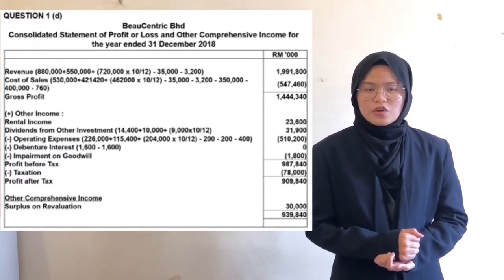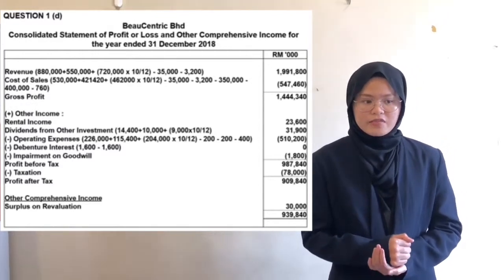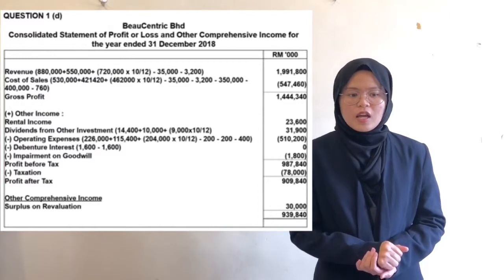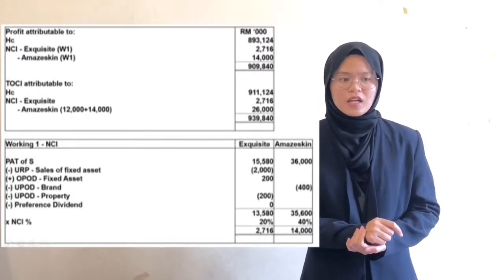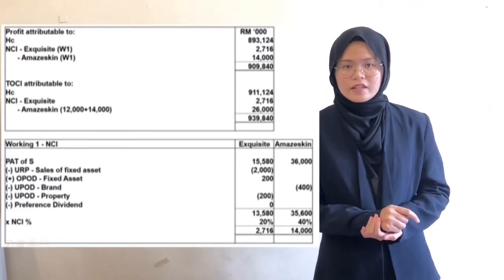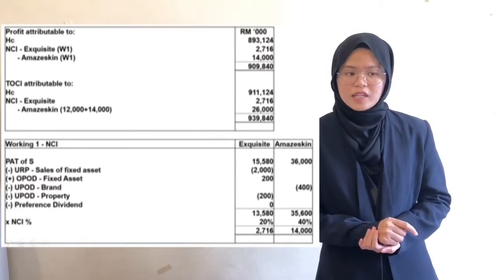million. So for other comprehensive income, there is a surplus on revaluation amounting to 30 million. So the profit attributable for Exquisite will be 2.716 million, and MSC Skin 14 million, and the balancing figure 893.124 million.